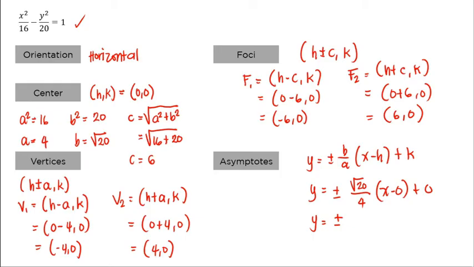So 2 square root of 5 over 4 is square root of 5 over 2, times x. Okay, so this is now the asymptotes. From this, we can now have the graph of the hyperbola, which looks like this one.